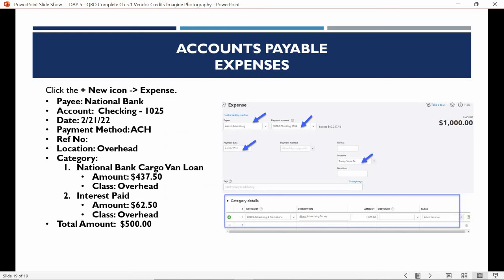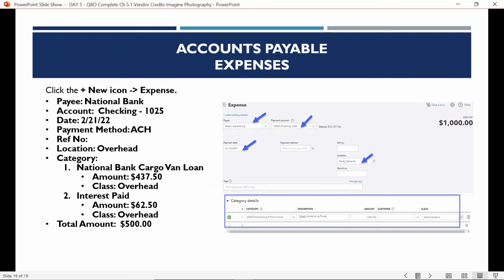So again, of course, we're going to go ahead and make our very first payment on our cargo van loan. But remember, we have to pay the interest as well. Usually you're going to end up receiving a bill from your lender, right?